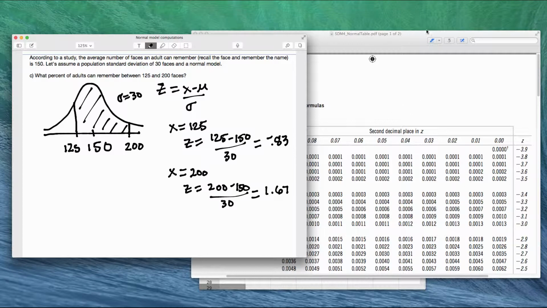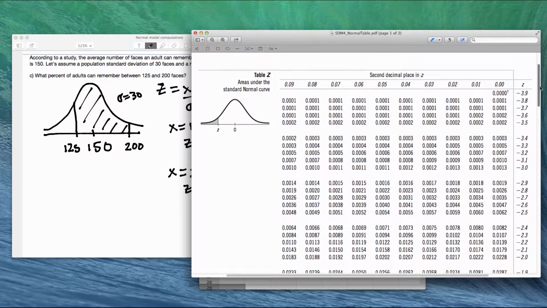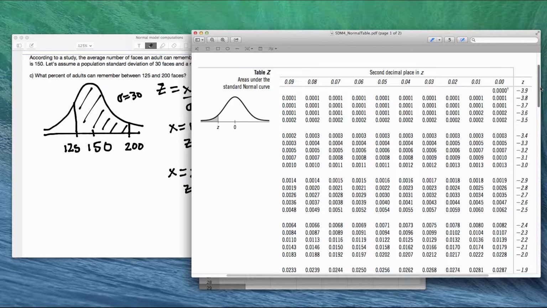All right, so we go to the normal table. We have two z values. We need to find two areas, and these are both going to be areas to the left. So negative 0.83, we go to the row that is negative 0.8 and the column that is 0.03.